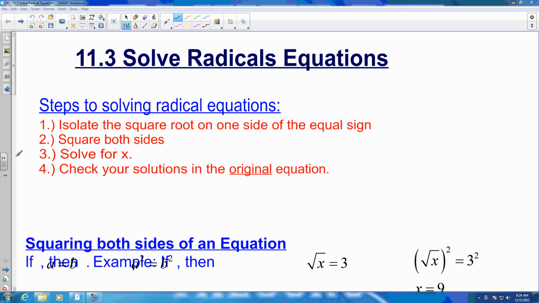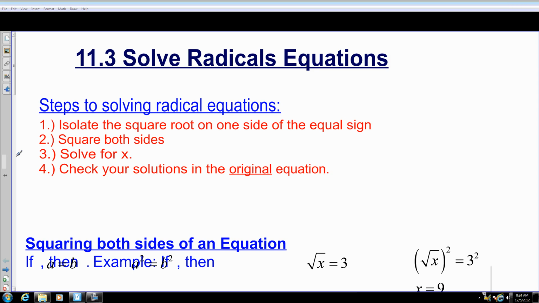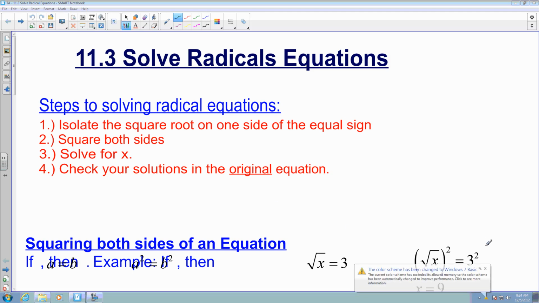We are now in chapter 11, section 3, and before we were graphing radicals. The other day we were solving for radical expressions. Now we are solving radical equations, and there are certain steps that you must take in order to solve a radical equation.